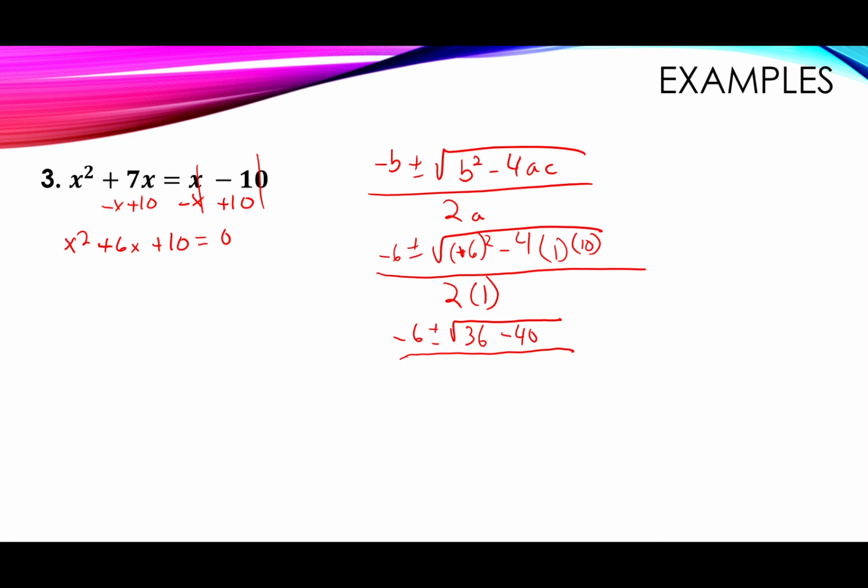And then we have over 2. And then look at this. Negative 6 plus minus the square root of negative 4 over 2. You can't square root a negative number. You're going to get an error here. And so our answer here is no solution.